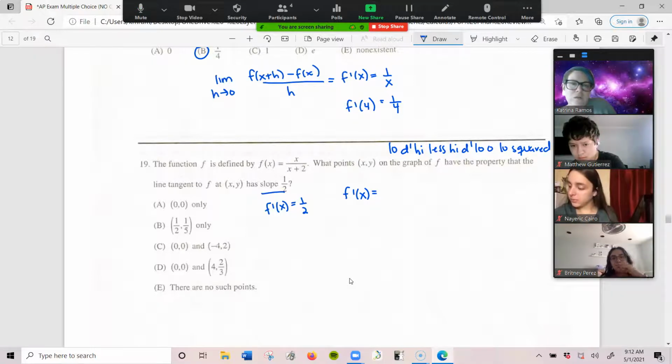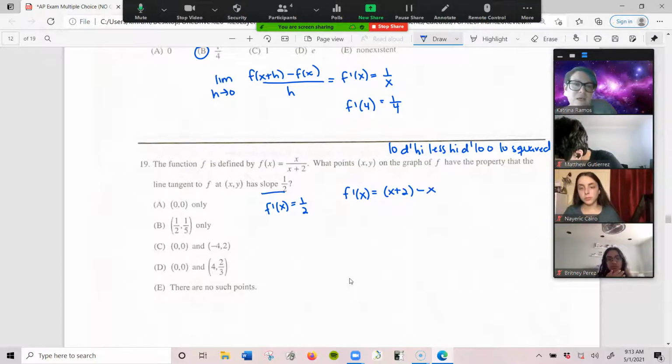So low, you bring up the bottom, x plus 2, times the derivative of the numerator, which is 1, less is minus. Now you leave x alone and find the derivative of the denominator, which is just 1. All over x plus 2 squared. That's okay?